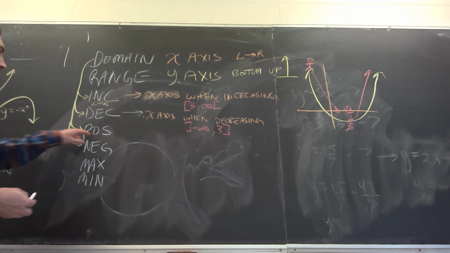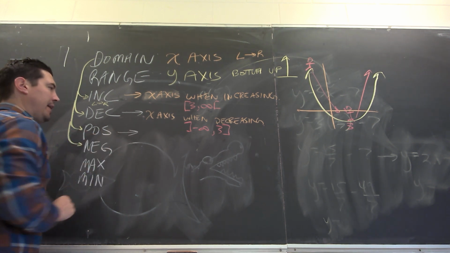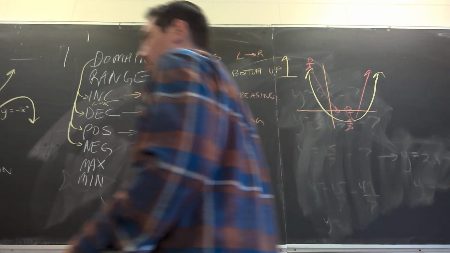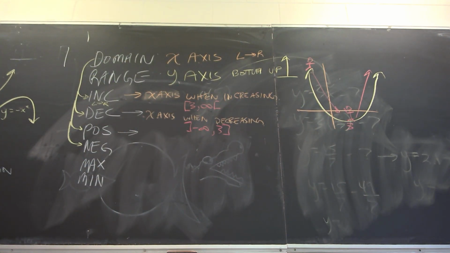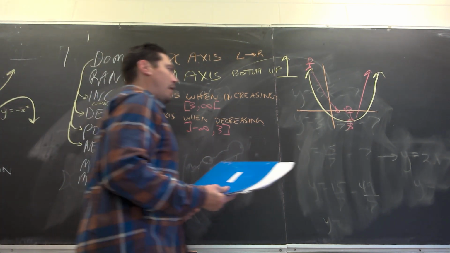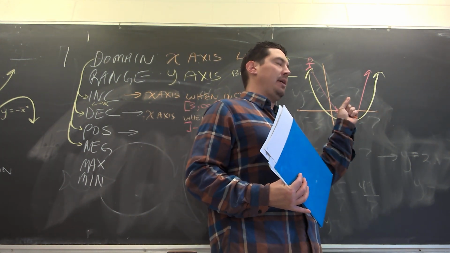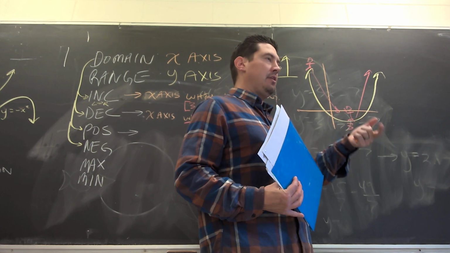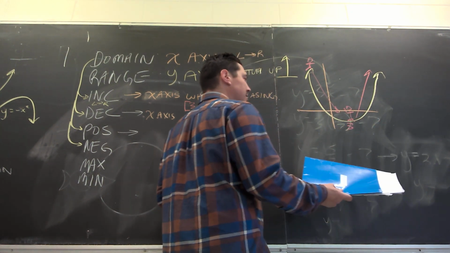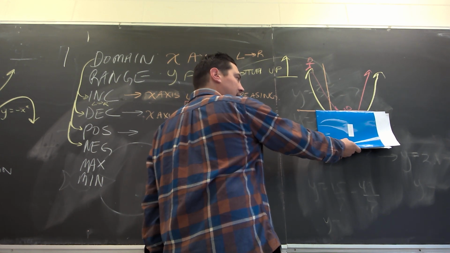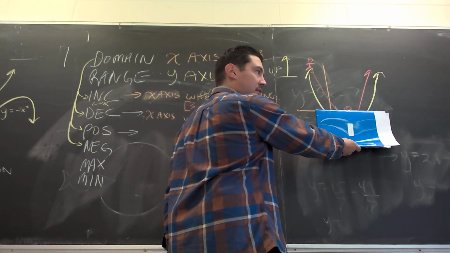Okay? The next guy here, positive. So this one's a little bit different. And I'm going to use this guy here. Okay. What the heck does this mean? If you're going to confuse anything, it's going to be increasing, decreasing, and positive and negative. You'll interchange those. Positive basically tells me, where does this function exist above the x-axis?